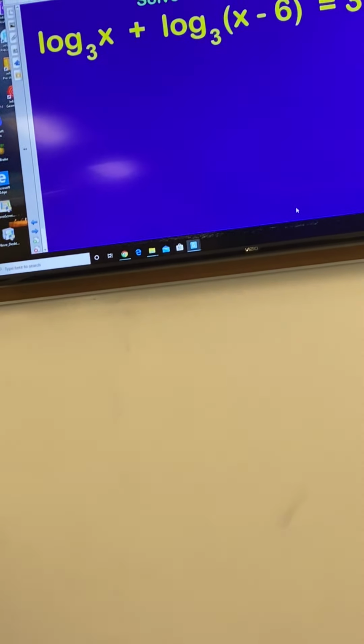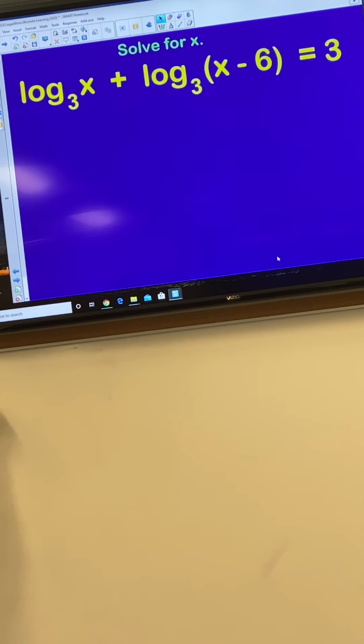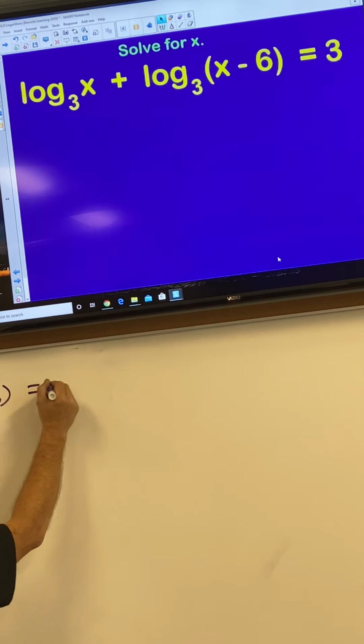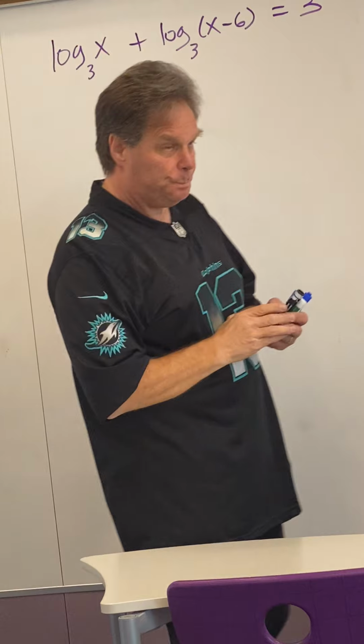Let's do our first problem. Okay, here we go. Log base 3 of x plus log base 3 of x minus 6 equals 3. Okay, there's our first logarithmic equation.